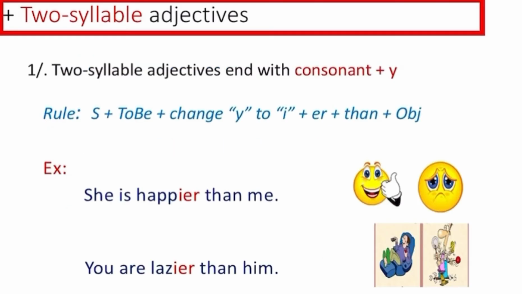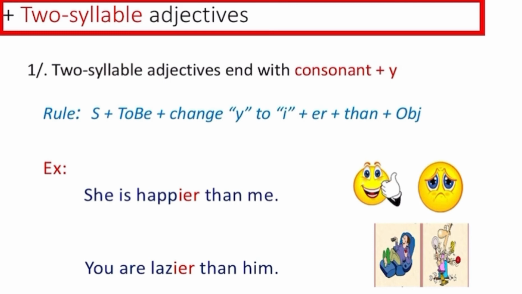Okay, so let's see another form of two-syllable adjectives. If you use adjectives that have two syllables, you have another form. But there are two main forms.